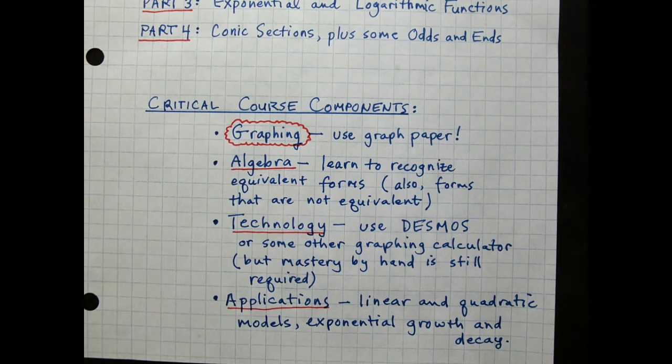Next point is technology. I really suggest you use a graphing calculator app like Desmos. Desmos is an incredible app that can do all graphing calculator operations, and it's free. You can put it on your phone or on your tablet or on any device. Now, in this course, mastery by hand is still required. I'm sort of traditional, I'm sort of old-fashioned.